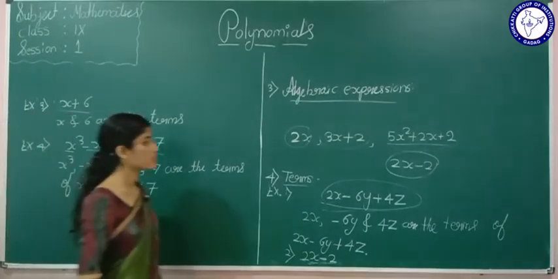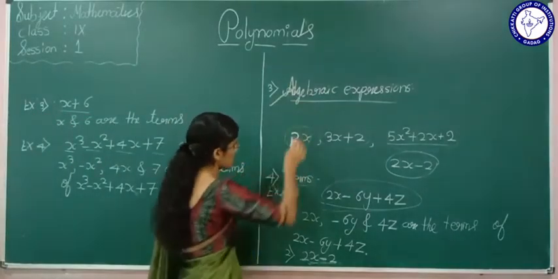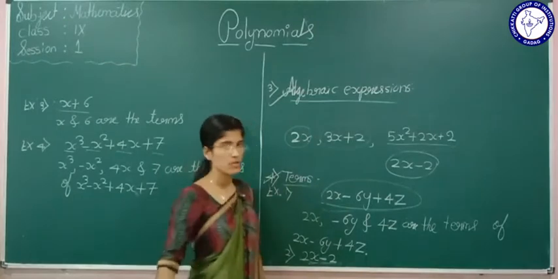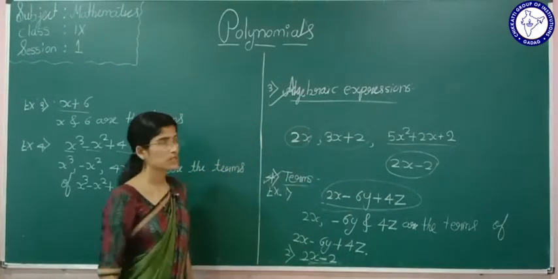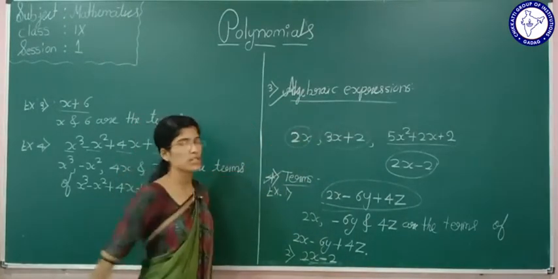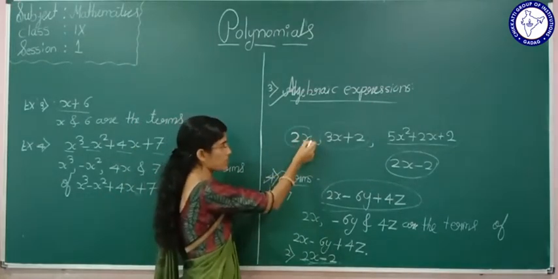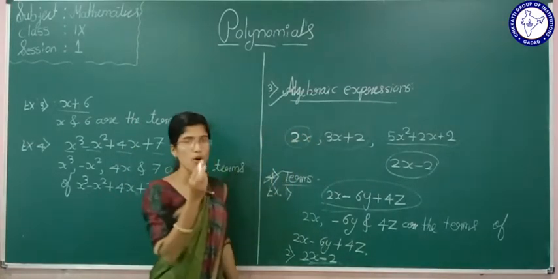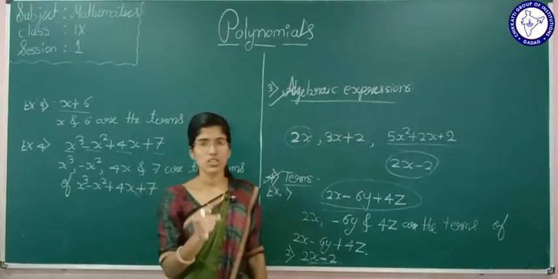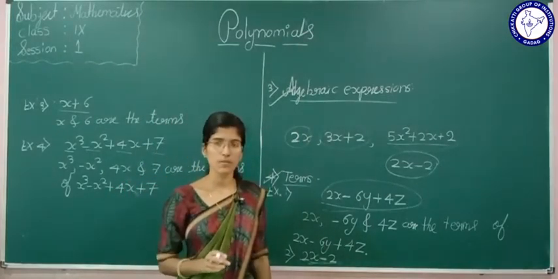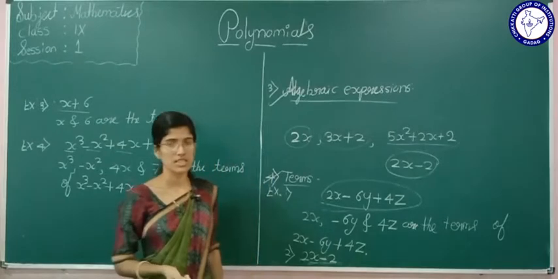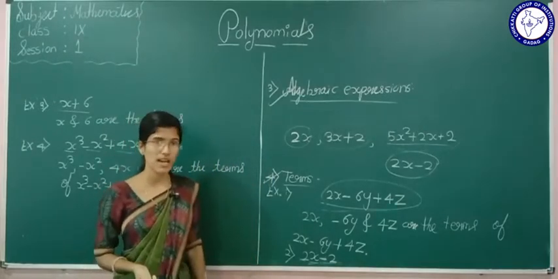Okay, you come to know what is an algebraic expression and what are the terms of the algebraic expression. Once more I will tell the definition of algebraic expression here. A combination of constants and variables connected by some of the operations like addition, subtraction, multiplication or division is nothing but an algebraic expression.